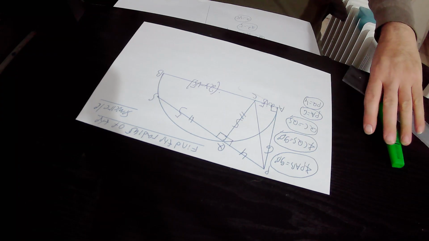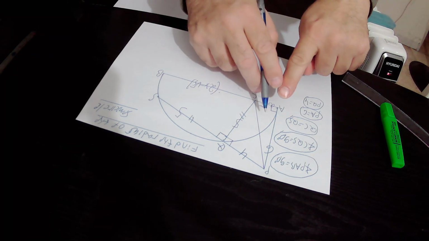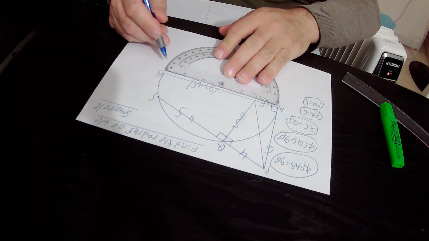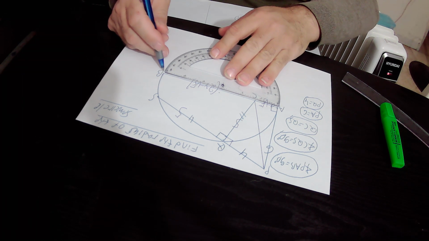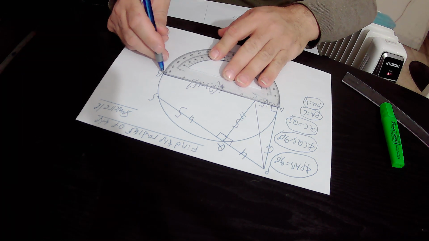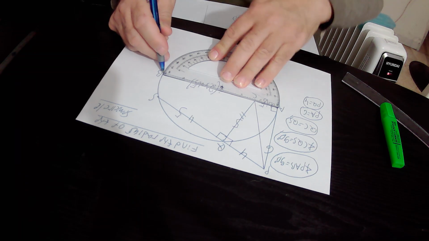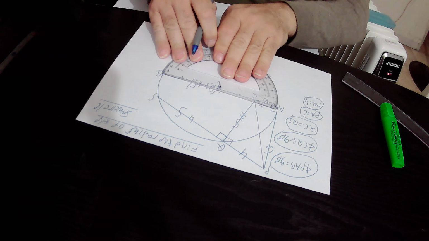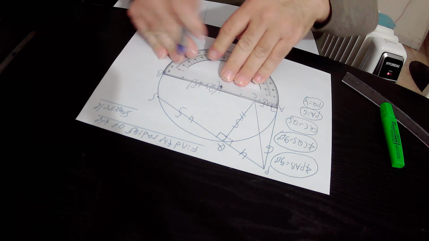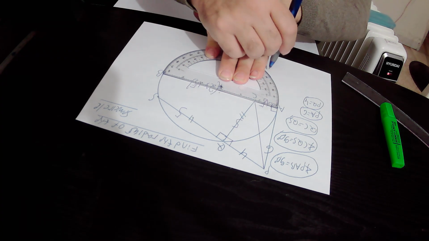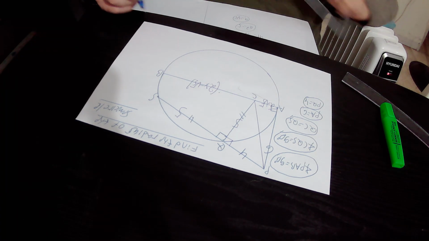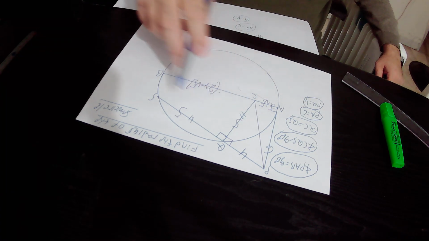So first of all, we'll complete this semicircle to a circle. Completed the semicircle to a circle.